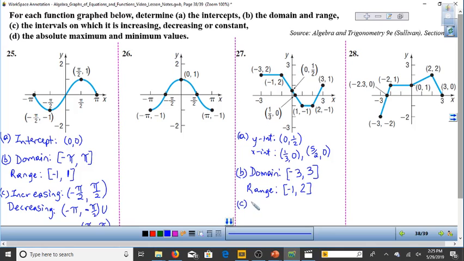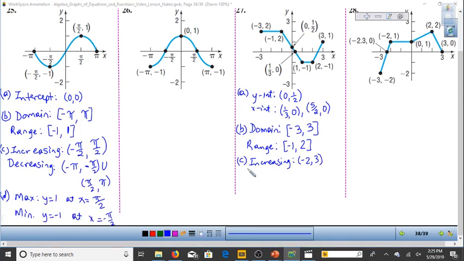Part C, the graph is increasing on the interval from -2 to 3. Then the graph is decreasing from -1, that's a point right here, the x-coordinate, until +1.